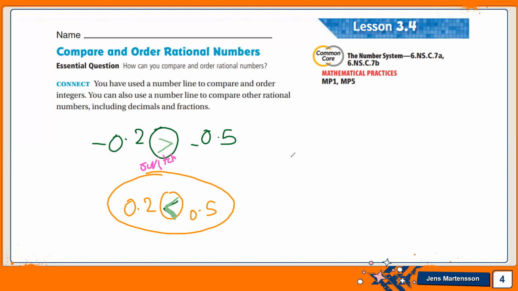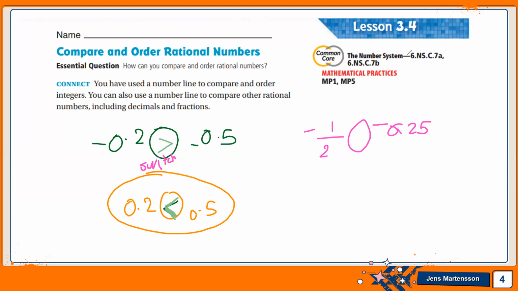Okay, I understand. Now, we talked about the integers, the decimals, and the fractions. But what do we have to do if we have something like 1/2 and -0.25, decimals and fractions? Did you remember? We said that we have to write them in a common way, both of them decimals or both of them fractions.